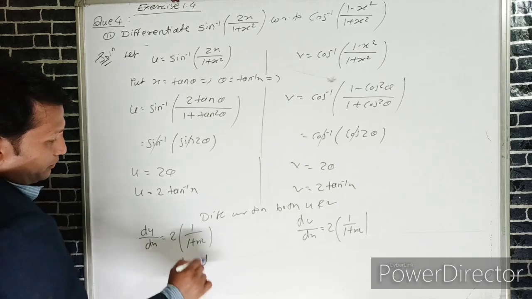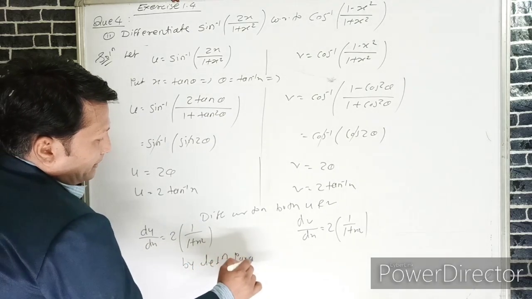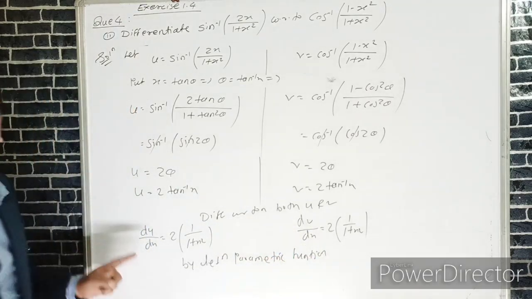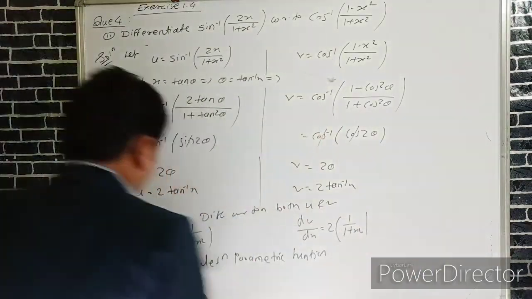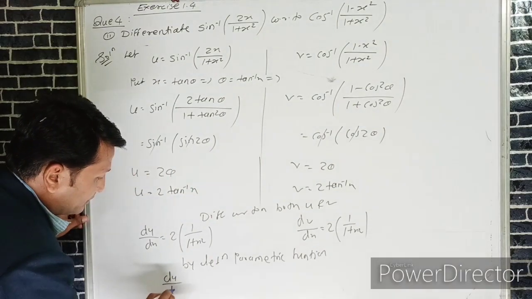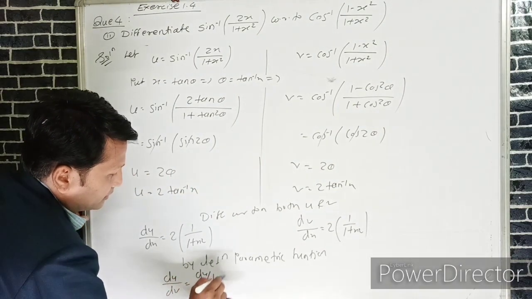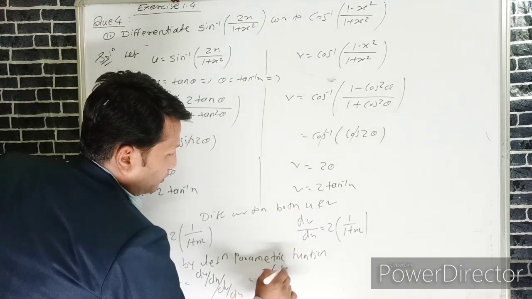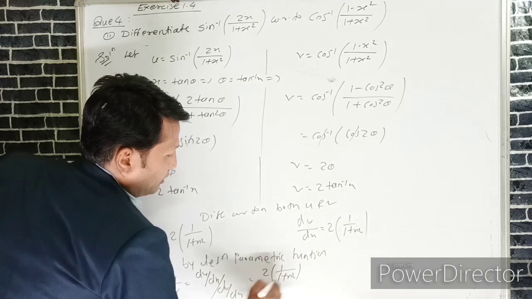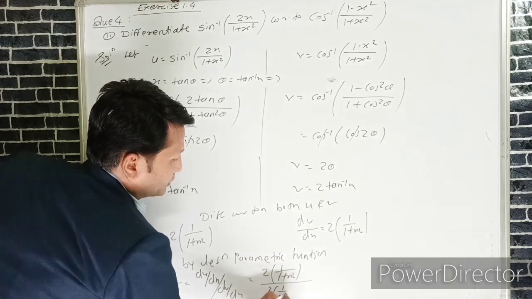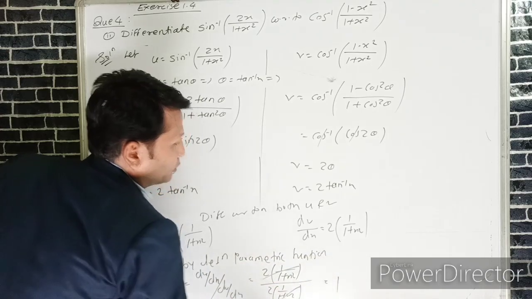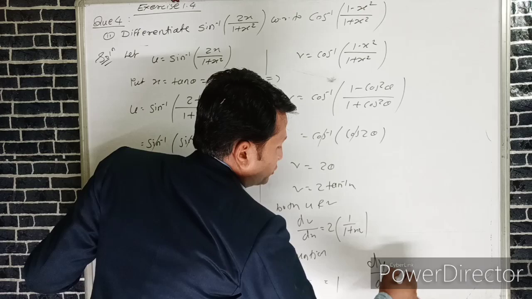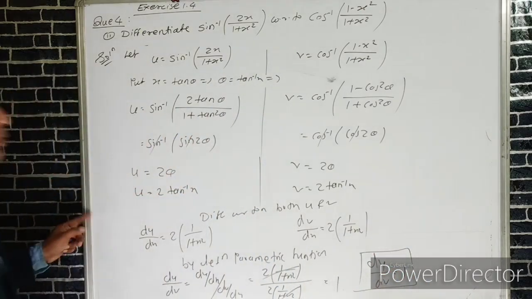By the definition of parametric function, we can write du upon dv is equal to du by dx upon dv by dx. That is 2 into 1 upon 1 plus x square upon 2 into 1 upon 1 plus x square. Here both cancel, which gives 1, the required derivative of u with respect to v. Du upon dv is 1.